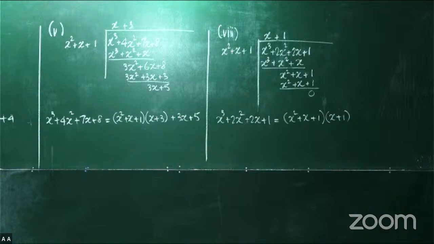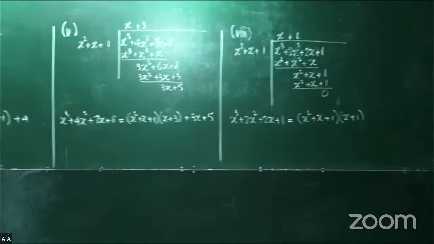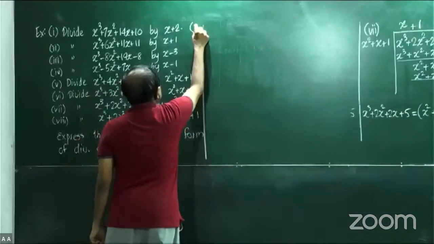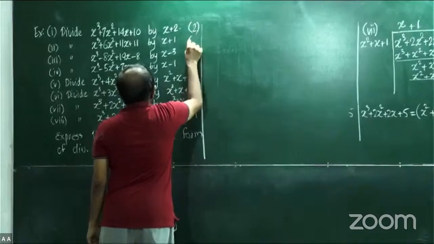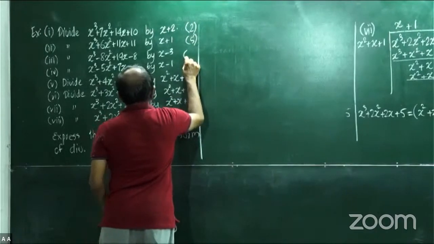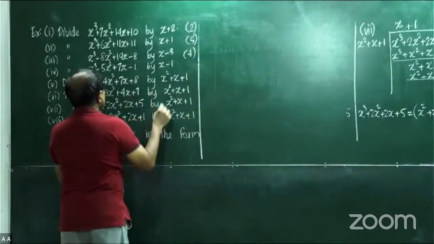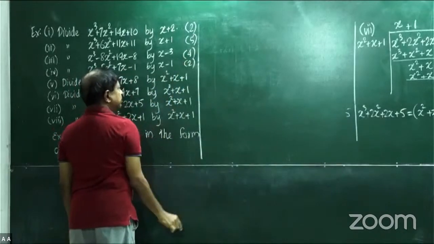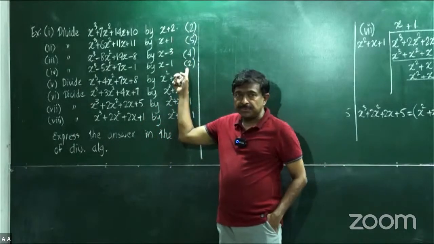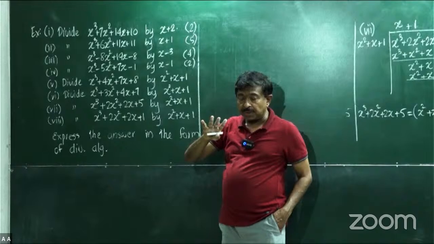Now, in these four cases, you got remainders like this. Here the remainder in the first case was 2. Here the remainder was 5. Here the remainder was like 4. Here the remainder was 2. So in these four cases, the remainders were just numbers. That means what?